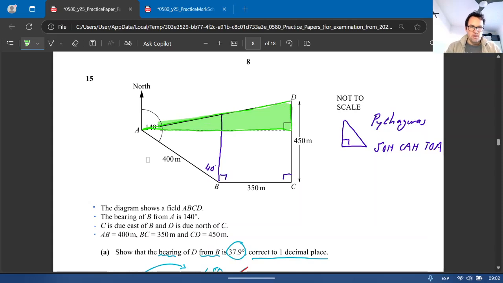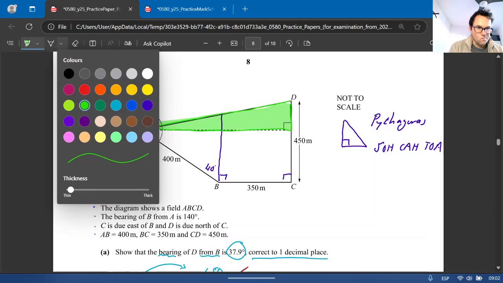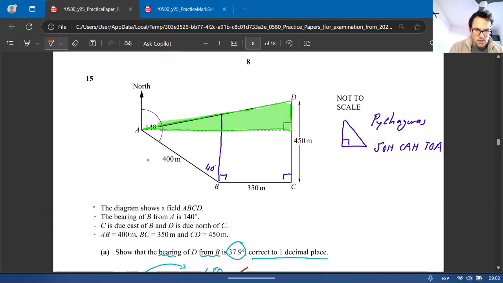So let's go to another triangle where we've got more information, and we'll do this one in orange. This triangle here, which we know is a right angle triangle, we have the hypotenuse. We have this angle, which I said is 40, but you can also get this one here, of course.